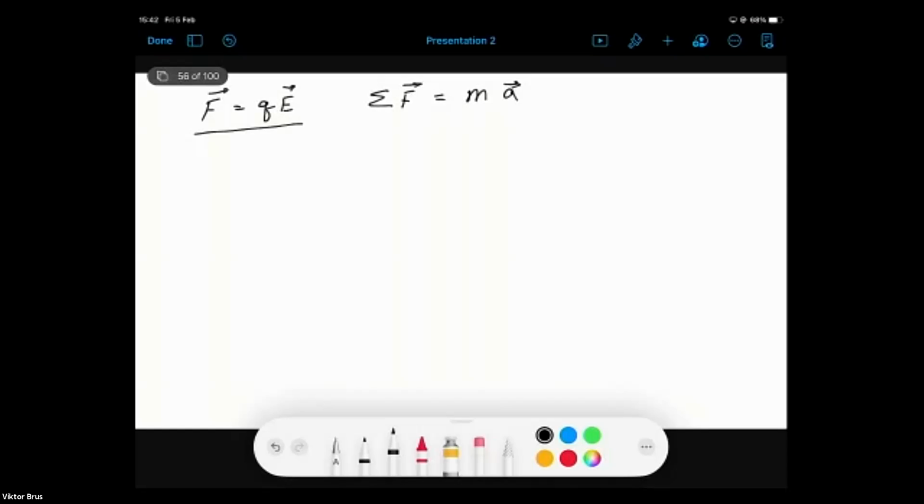So acceleration can be expressed as the resultant electric force divided by mass. In case of charge carriers in an electric field, this is equal to Q times E divided by m_e. m_e is the effective mass of the electron in this crystalline lattice.